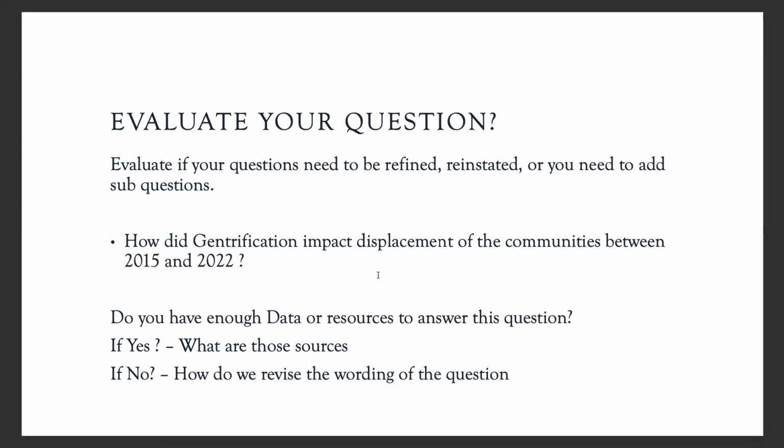Then you have to sit down and think, how do you revise the wording of those questions or change some issue topic like displacement to something else, say job force, something that you can actually measure. So you are constantly looking at your data sources, what is available, your motivation, and you are trying to make some refinements and changes, staying as close as possible to your motivation, but at the same time making sure that you are capable of collecting enough data to answer the research question that you want to answer.